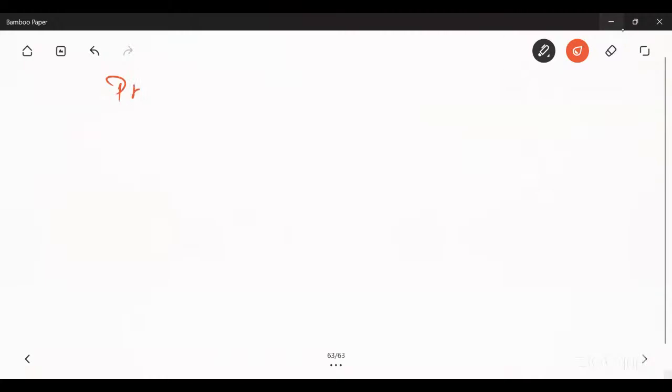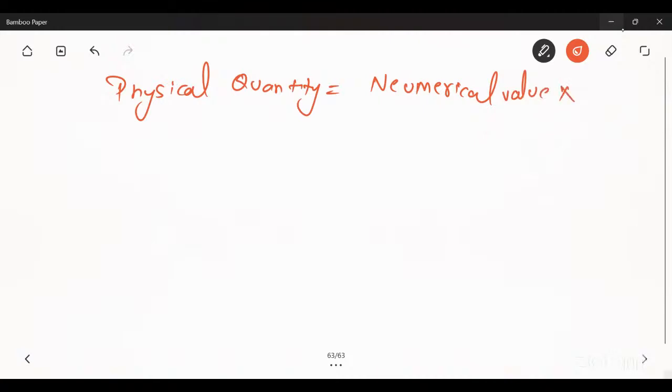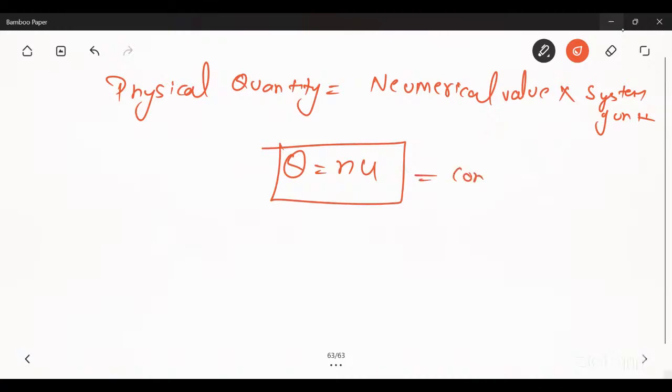So how can we measure? The physical quantity is equal to the numerical value into its system of unit. So Q is equal to n u, and n u is constant.